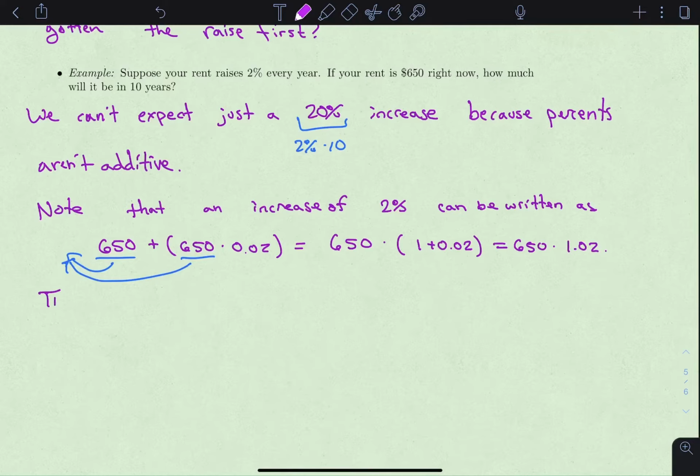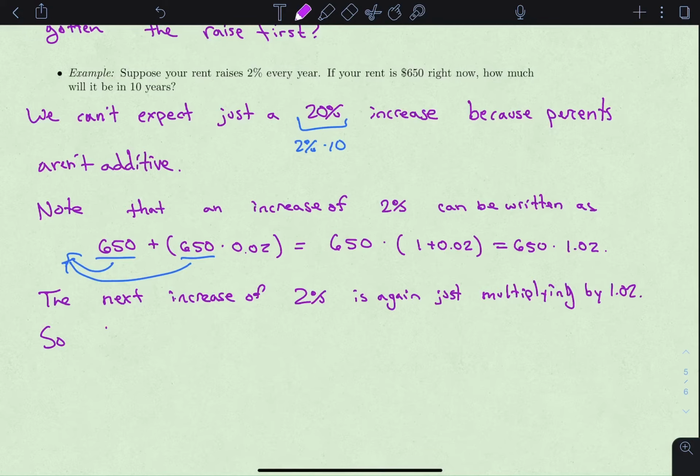The next increase of 2% is again just multiplying by 1.02.